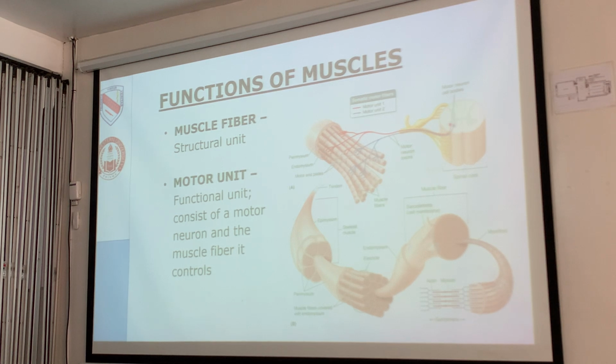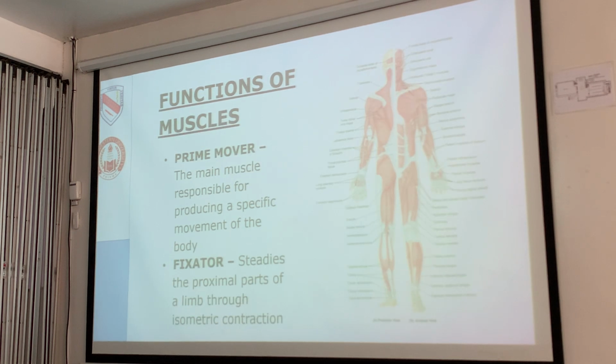Your muscle has a structural unit and a functional unit. Okay? When asked what is the structural unit of your muscle, that would be your muscle fiber. The functional unit would be your motor unit, which consists of a motor neuron and the muscle fibers that it controls. For the functions, you can classify it as a prime mover and a fixator.